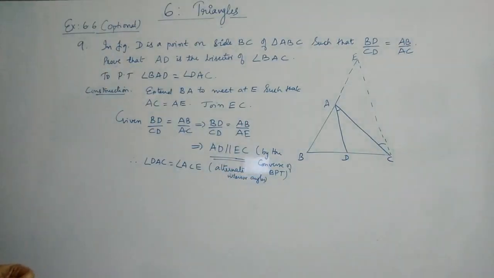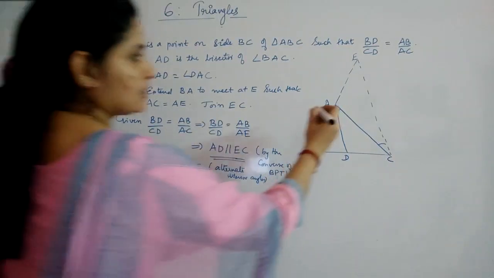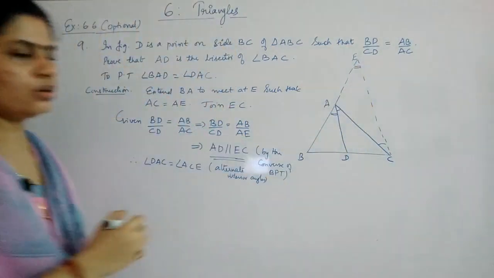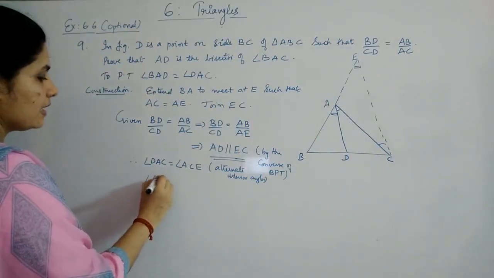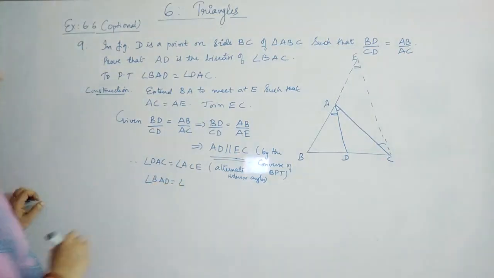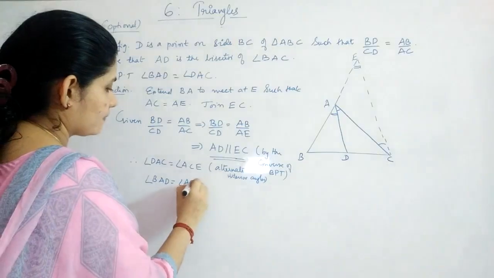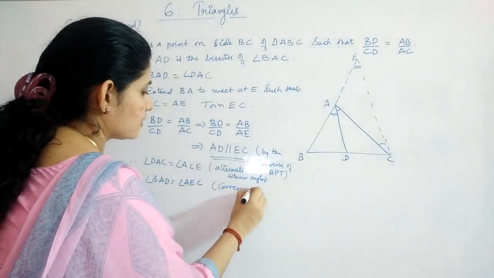The other thing which you will get is, angle BAD, that is this angle, is equal to this angle. How? Because they are corresponding angles. Okay, so angle BAD is equal to angle AEC, and the reason is corresponding angles.